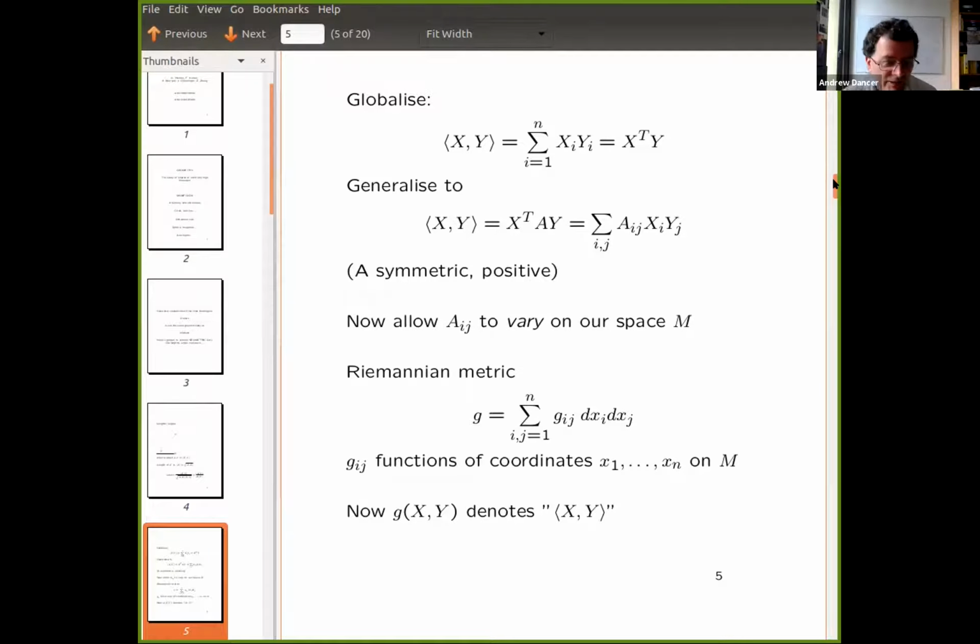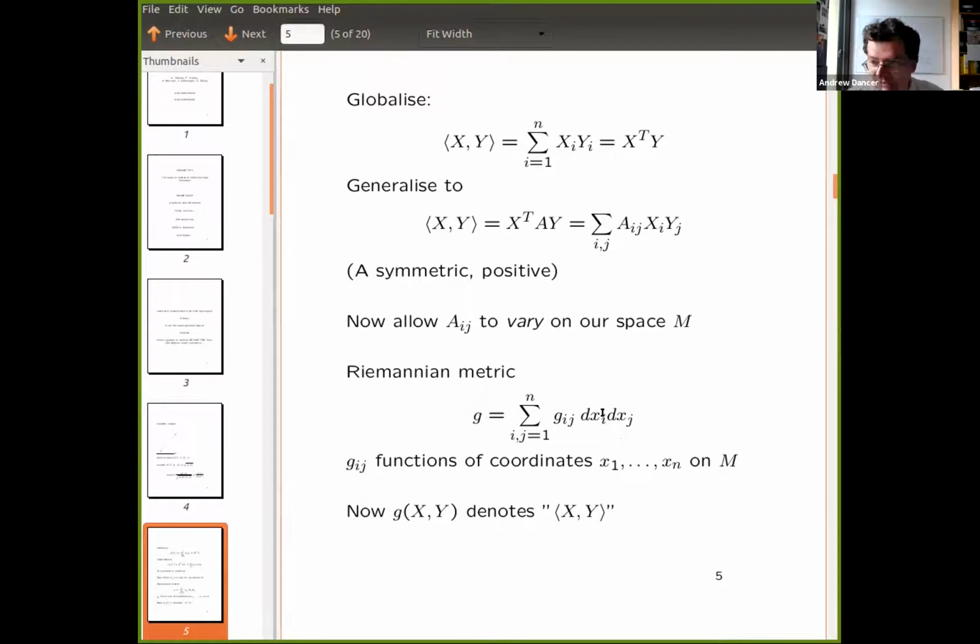But now the key insight is that the coefficients, the a's in Euclidean space, would be constant. But now, working on a general space, on a general manifold M, we allow the coefficients of the inner product to vary, to be functions on the space M. And this is the key concept. This gives us the concept of a metric, or precisely a Riemannian metric, because it's positive definite, which we could write as an expression like that.